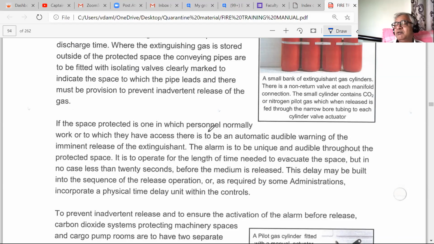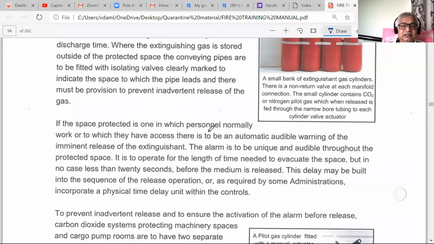You have audible and visual warnings in the engine room in case you are going to use CO2 there. That alarm is separate from the emergency alarm. If it is going to be in a cargo hold, then we have a different way of doing it. On ro-ro ships, you will get an alarm. If it is a bulk carrier, you don't have a fixed alarm inside, but there is another method of making sure that nobody is inside: you take head counts.